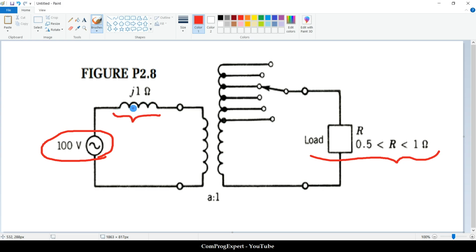This is right for this generator. I will explain it. So we have an ideal transformer here, an ideal transformer that we can change the turns ratio by this tap. Yes. So this is the turns ratio a to 1. We know that a is equal to N1 divided by N2.